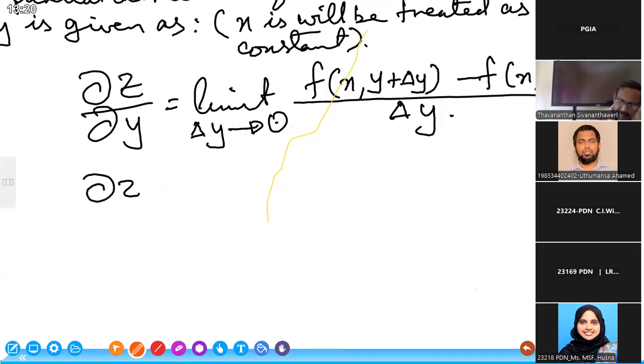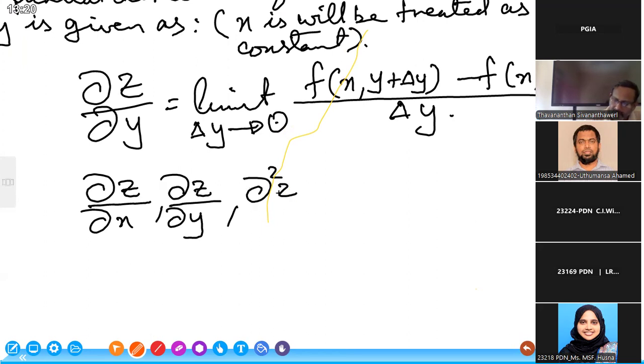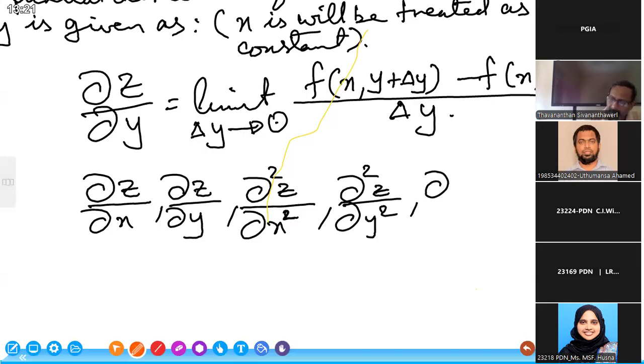There are some partial derivative notations. This is one notation we have already seen. This is another notation that we have also seen. There are a couple of other notations. For example, ∂²z/∂x², ∂²z/∂y², ∂²z/∂x∂y, and ∂²z/∂y∂x.